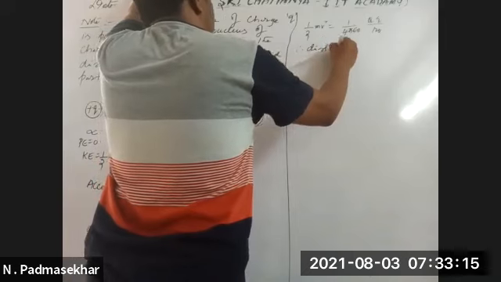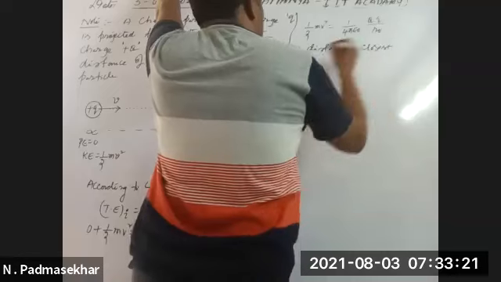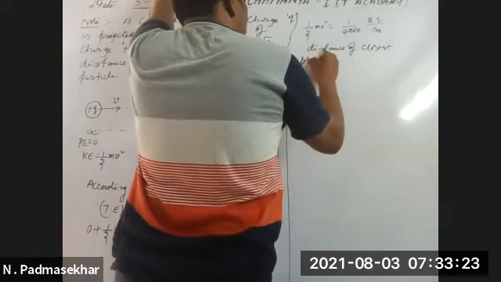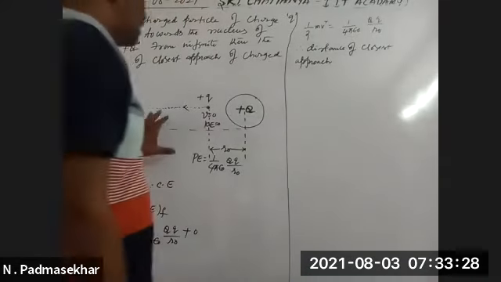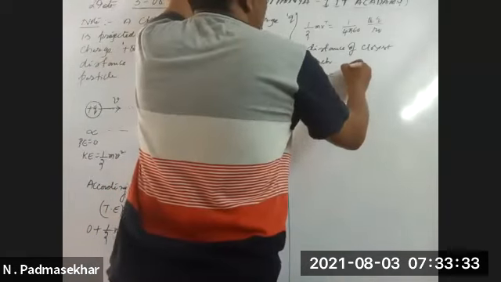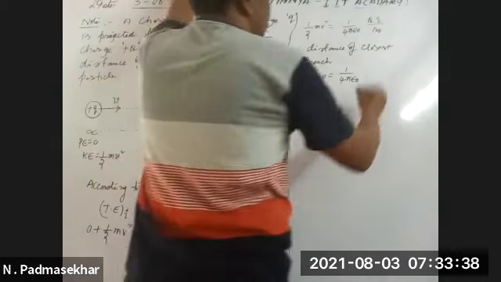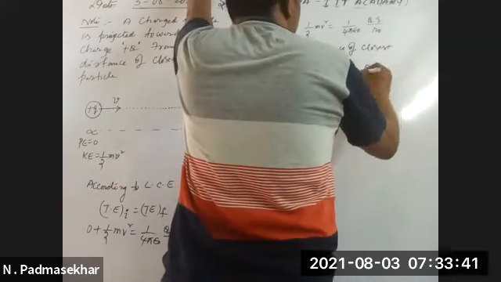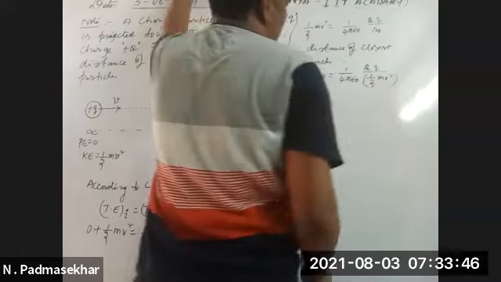So the distance of closest approach R naught is equal to 1 by 4 pi epsilon naught Q square by half m v square.